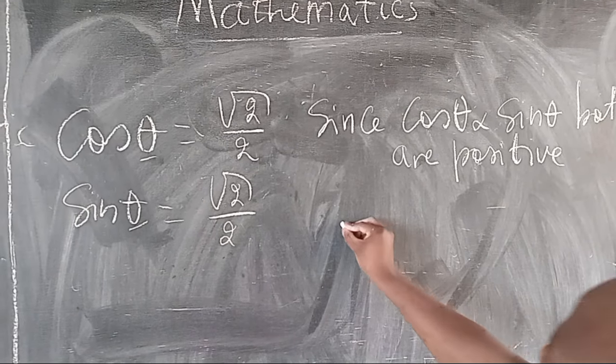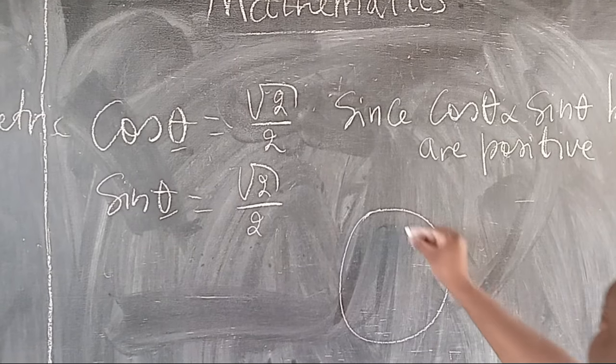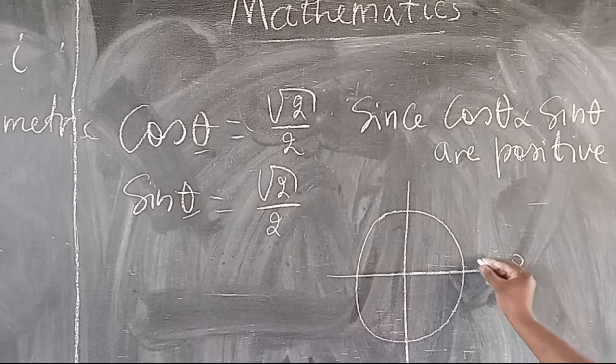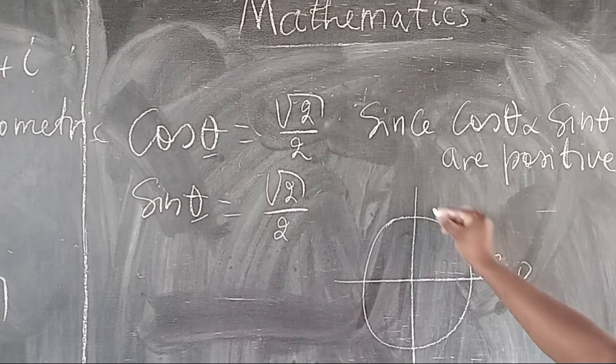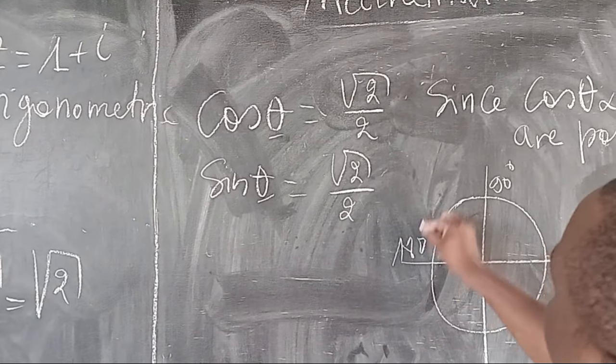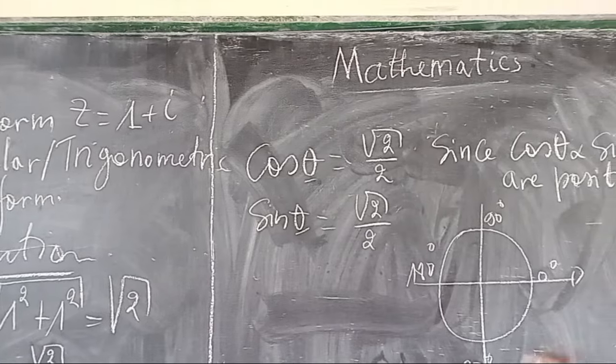Let's draw again a unity circle here with 4 quadrants. Look at here. We begin here with 0 degrees, 90 degrees, 180 degrees, 270 degrees, again to return back.